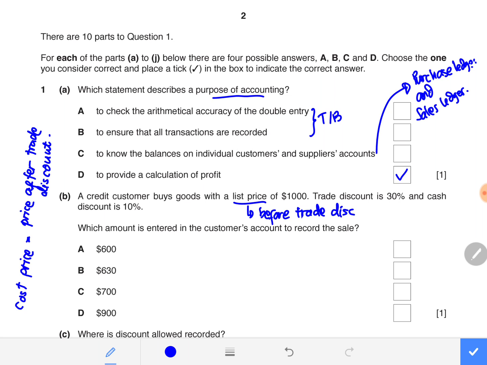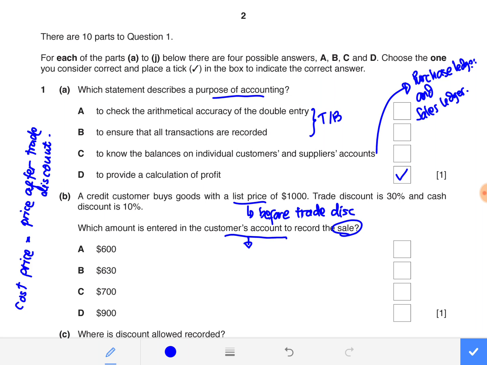Next, which amount is entered in the customer's account to record the sale? It says entered in the customer's account. That means this transaction is not a cash transaction. This is a credit transaction, a postponed transaction. Because if it is not postponed, there is no customer's account, as the transaction goes directly to cash.